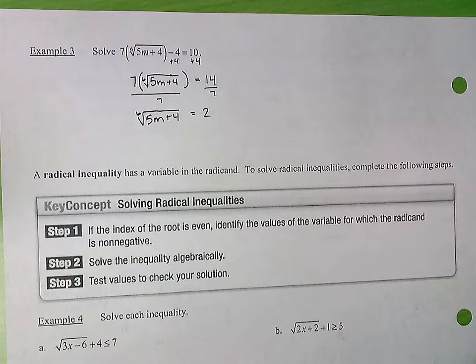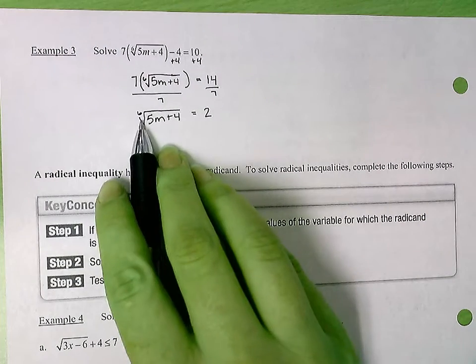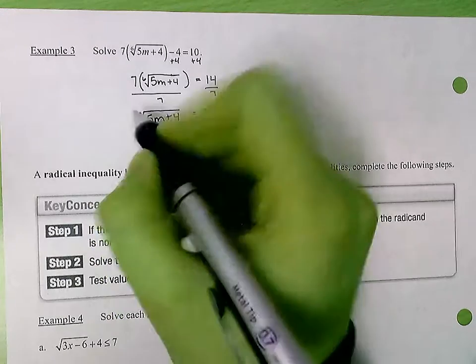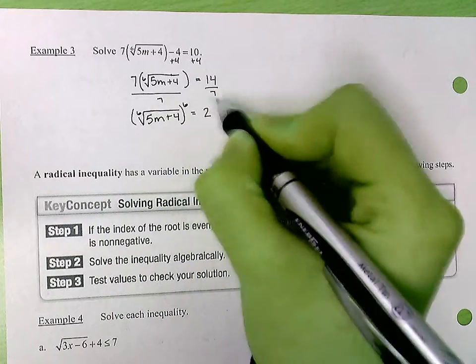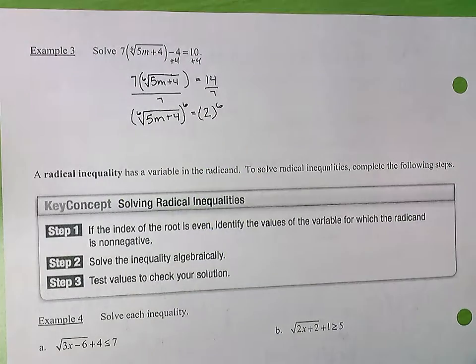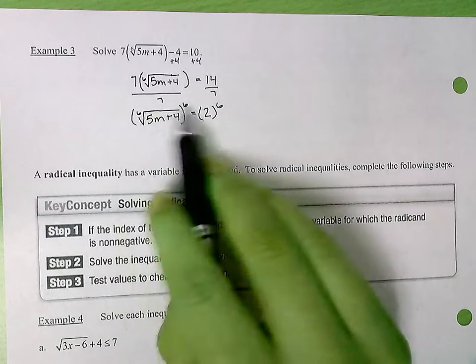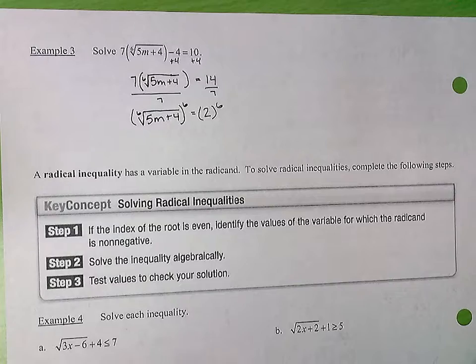Now since this is a 6th root, we can raise this to a power of 6 on both sides. Okay? That cancels out your root and your power over here.